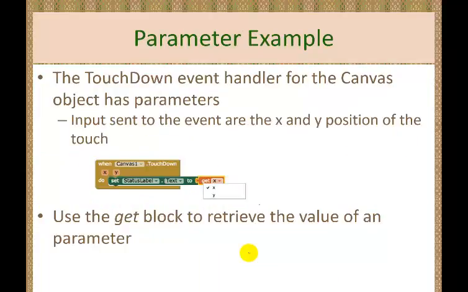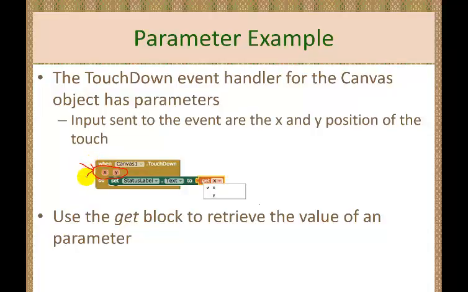So event handlers are very much like functions, and they also have data that's available to you when that event happens. So in your paint pot, you might have had a touched event happen on a canvas object, and you had available to you where it was touched.